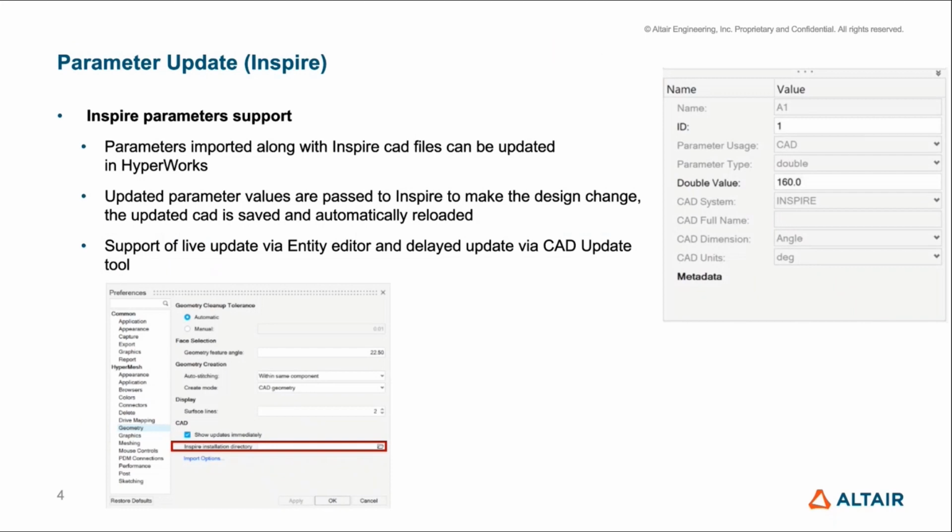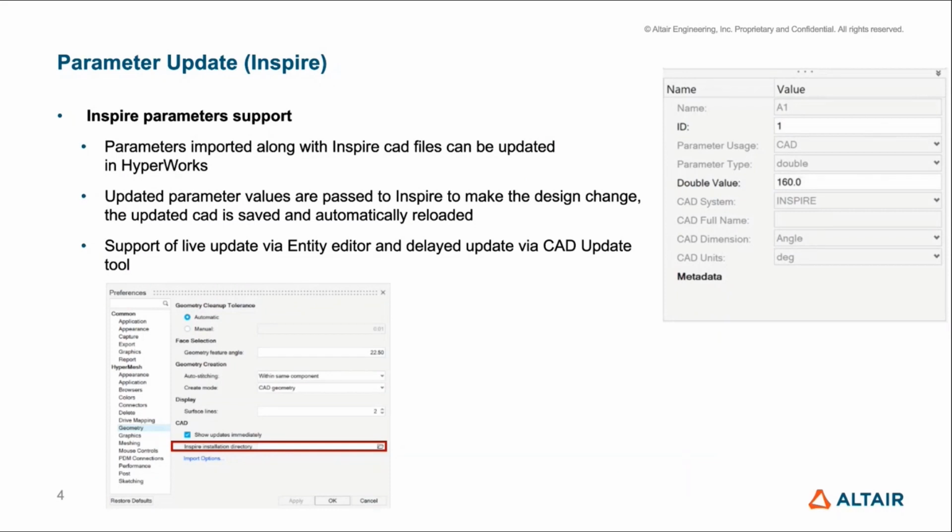We in the past have supported parameter updates for UG. Back in 2021, we also did for CATIA, and in this version, we are supporting the Inspire parameters as well.